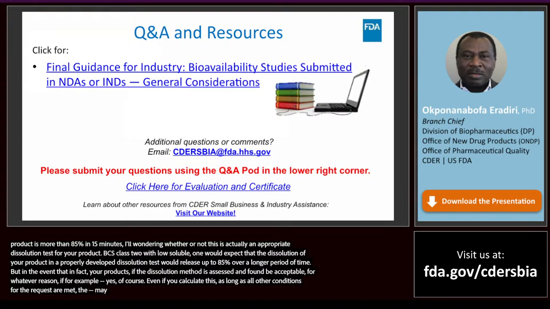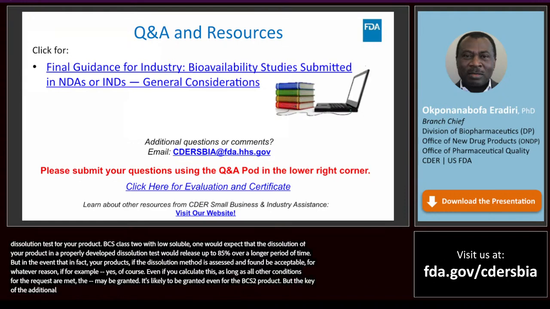It's likely to be granted, even for a BCS2 product. But the key in this case is the additional information I would have liked to have: why you are having 85% dissolved within 15 minutes for a BCS class 2 drug. Thank you.